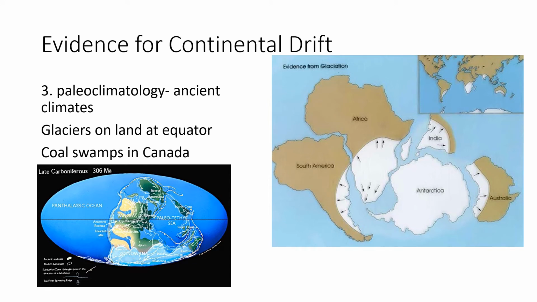The last piece of evidence that we use to support the theory of continental drift is called paleoclimatology, and paleoclimatology is the study of ancient climates, because as we know, the climate changes all the time. We've gone through different periods of ice age versus hot times on Earth. And we can see that there is significant evidence of glaciation on land that is now near the equator.